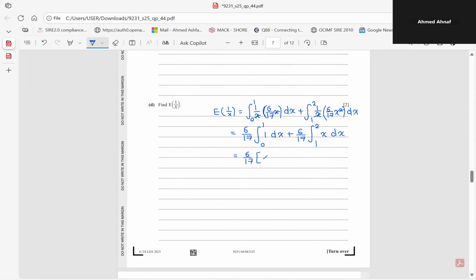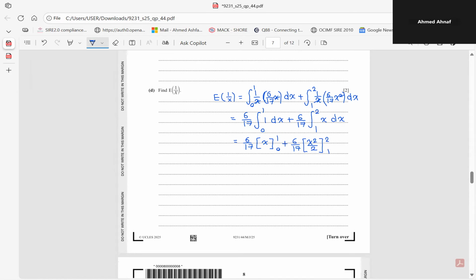Integrate 1 with respect to x, you get x, from 0 to 1, plus 16 over 17. Integrating x, you get x squared over 2, from 1 to 2. So this becomes 16 over 17 times (1 minus 0, that's 1), plus 16 over 17 times (2 squared over 2, that is just 2, minus 1 squared over 2, that is just half).